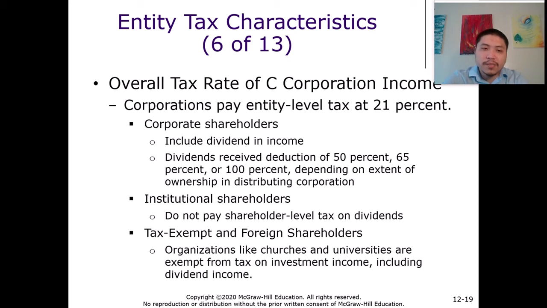So what is this dividend received deduction program? Basically, it allows corporation A to deduct a certain percentage, like 50%, of the dividend they receive, meaning they don't have to pay tax on that portion that they exclude.